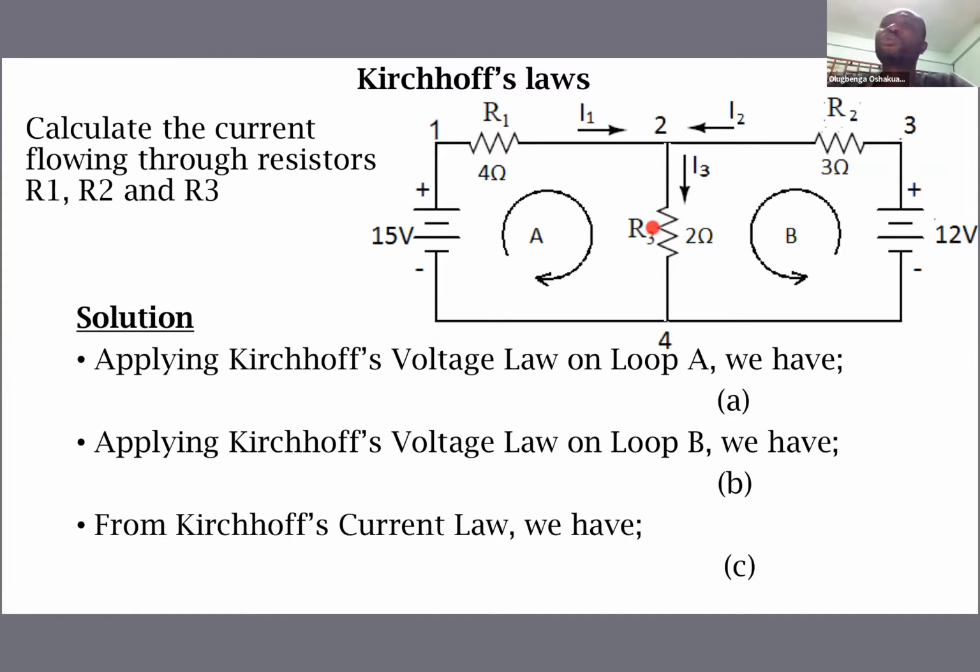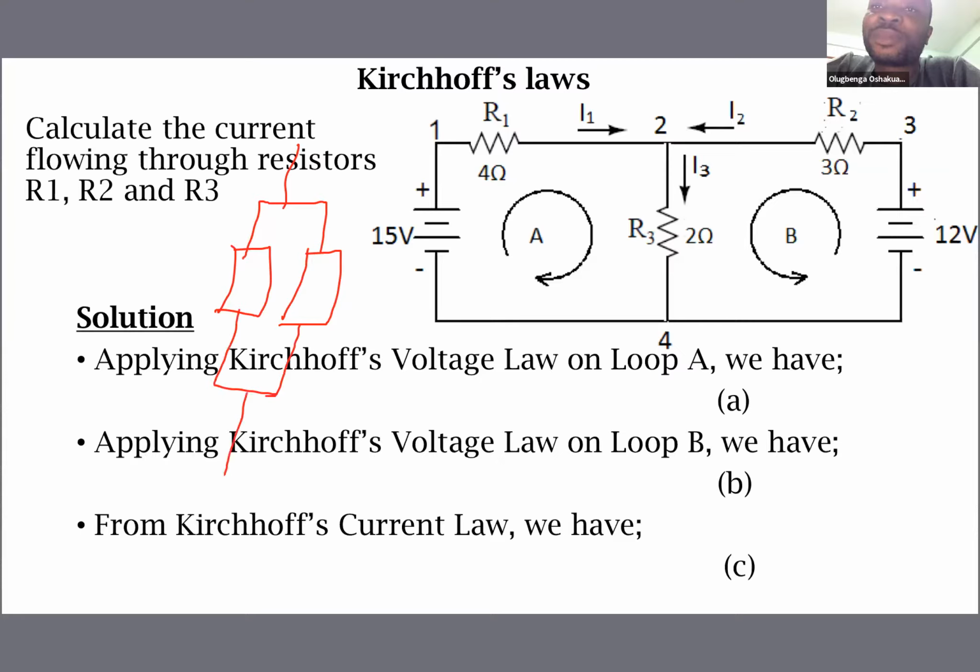For you to say two resistors are in parallel, their ends must connect. Both ends must connect together. This is the requirement for being in parallel. The right end of R1 must connect to the right end of R2. The left end of R1 must connect to the left end of R2. That is how you can say they are in parallel.